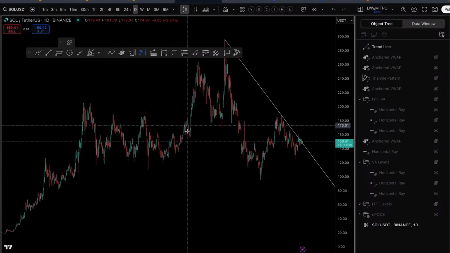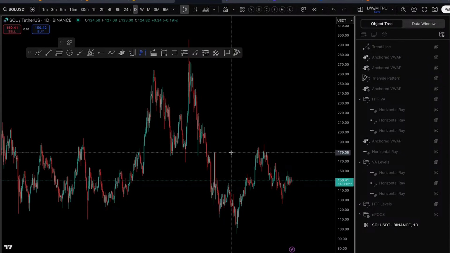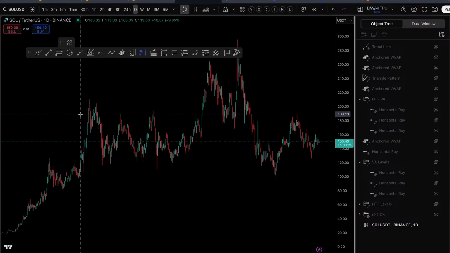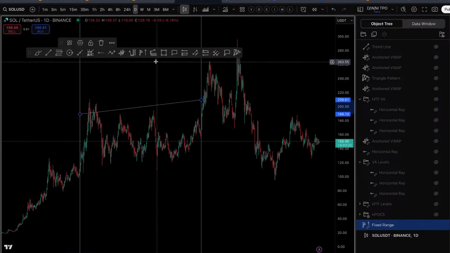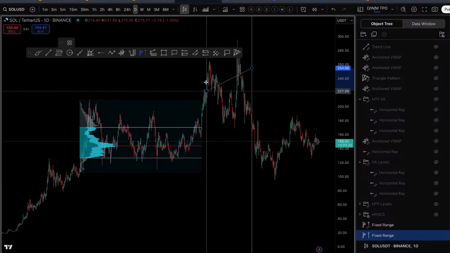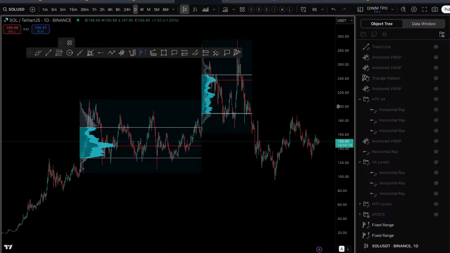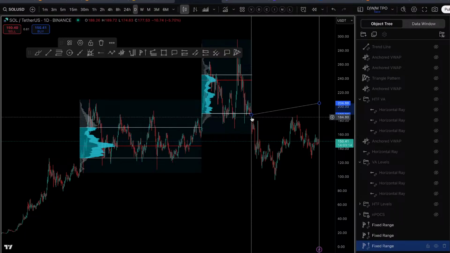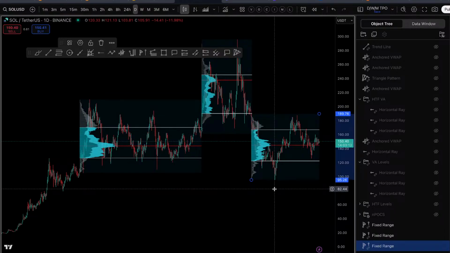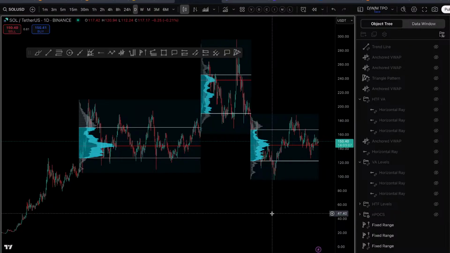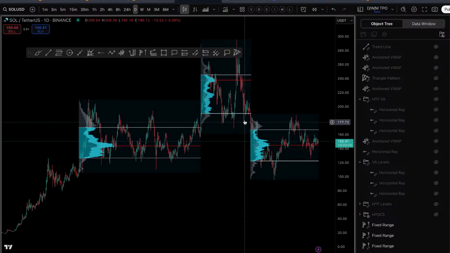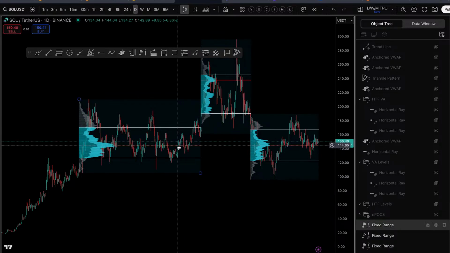Now, if we really wanted to break this range into ranges, we can see it like this. These are the ranges we can divide into. One, two, three. We've gone up, rejected from this. Here, we found support around here, we took the liquidity. This is being held.